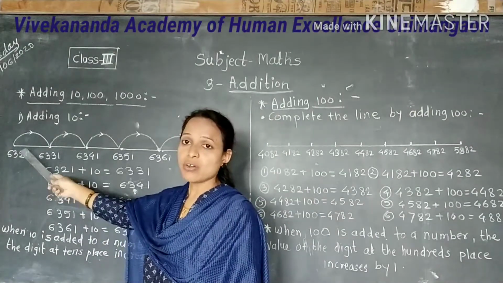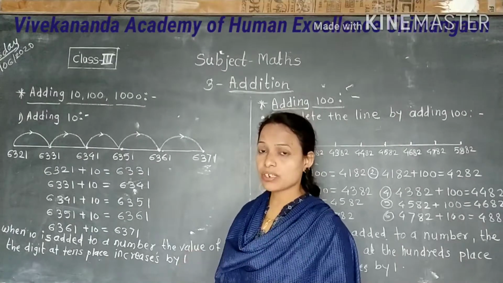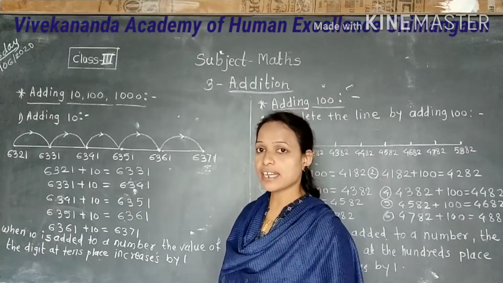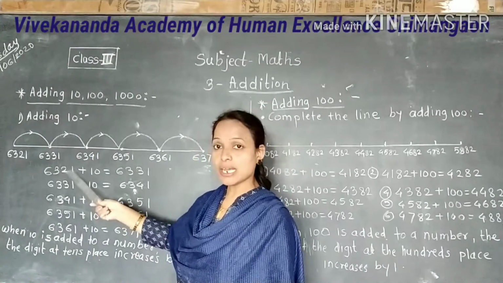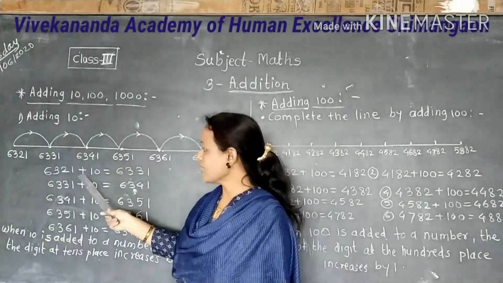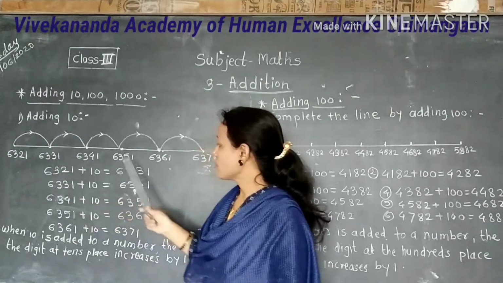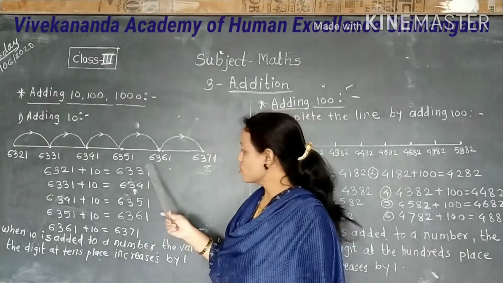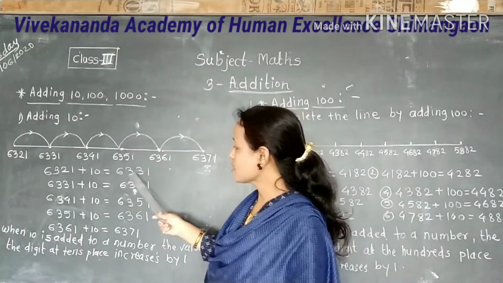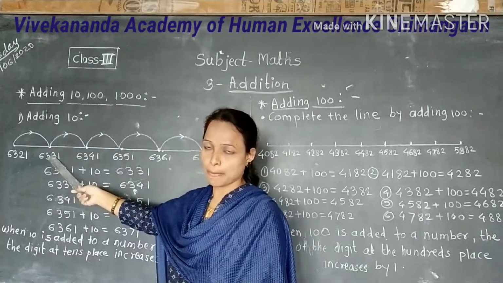6321. Now we have to add 10 to each number. So look here, 6321 plus 10. After adding 10 to the given number, we got the sum 6331. So I write 6331 at the second place.